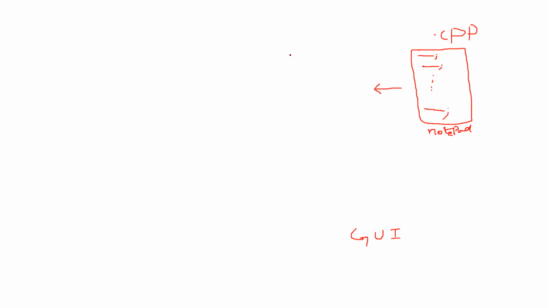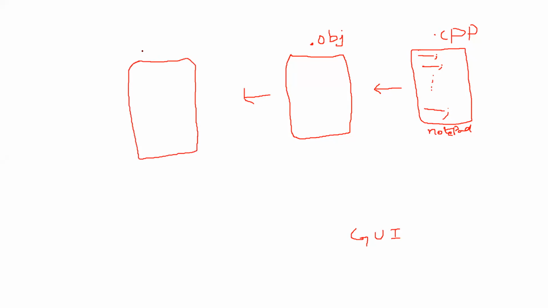In the initial stage, this file is to be transformed into the object file with the extension .obj. And then in the next step, this file is to be transformed into an executable file, the .exe file. The computer needs the exe file.